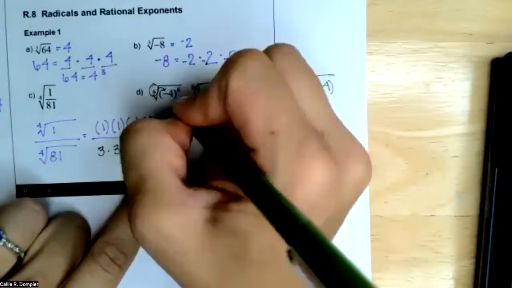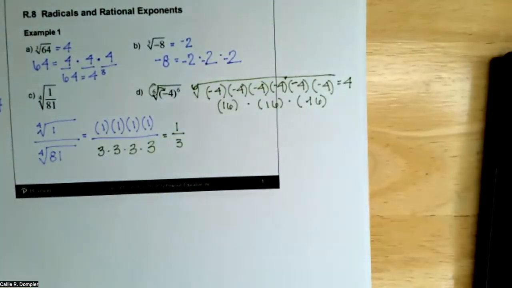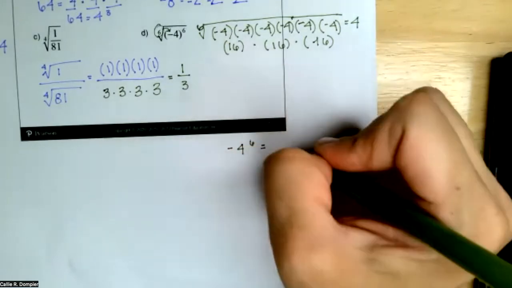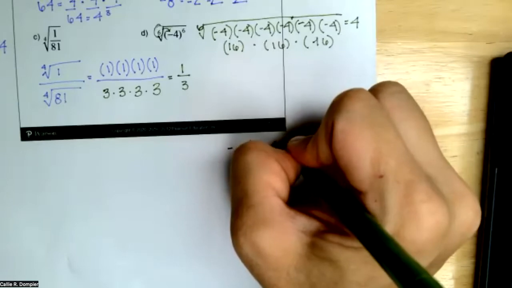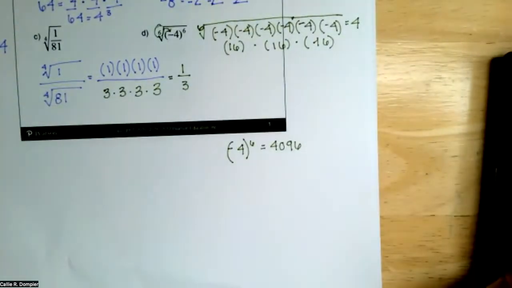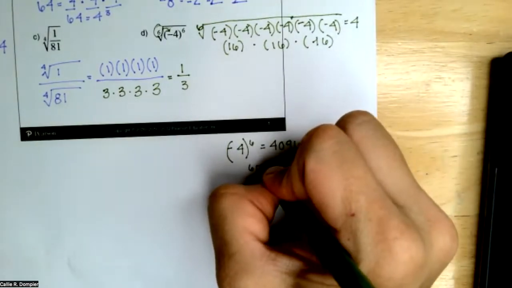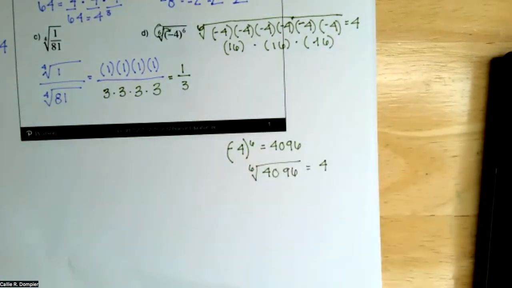So the sixth root of -4 to the sixth is a positive 4. -4 to the sixth is a positive number. And then the sixth root of that positive number is also a positive number.